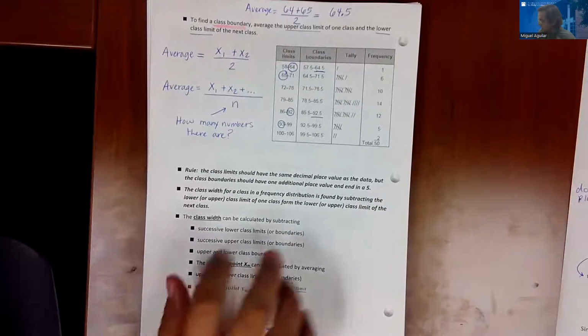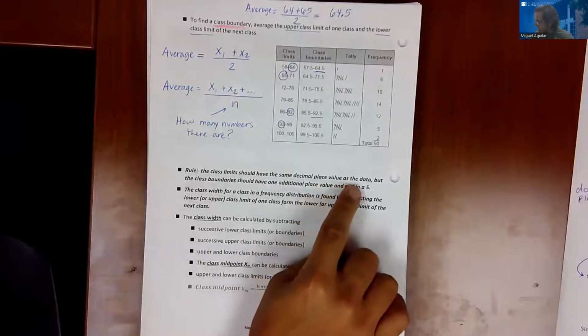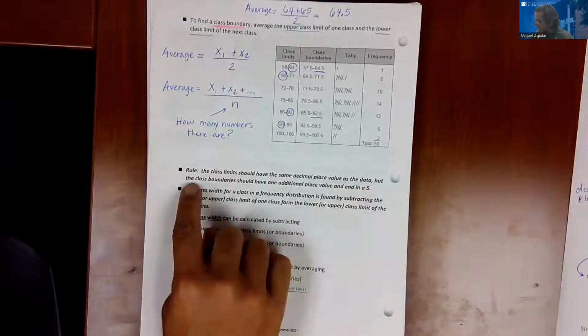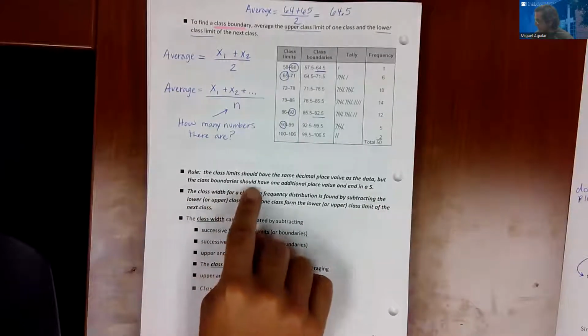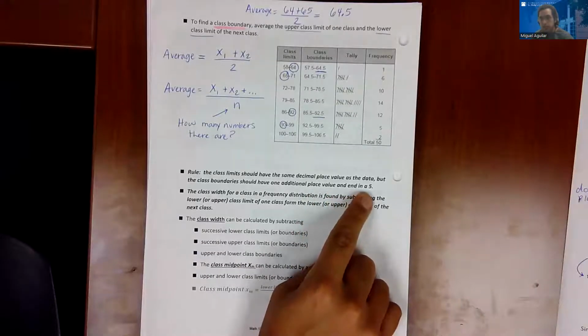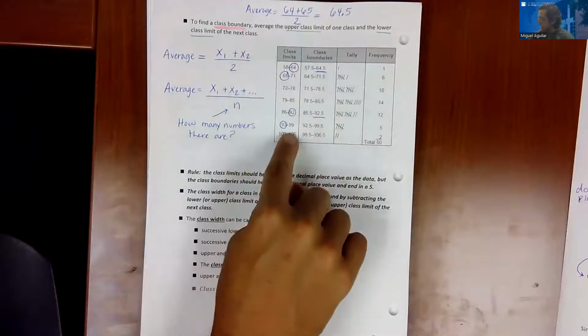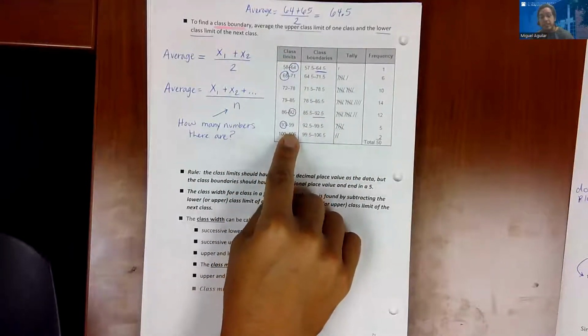So just some rules. The class limits should have the same decimal value as the data, but the class boundaries should have one additional place value and end in a 0.5. So if the data are all whole numbers, that means they're all expressed to the ones place, there's no decimal values.